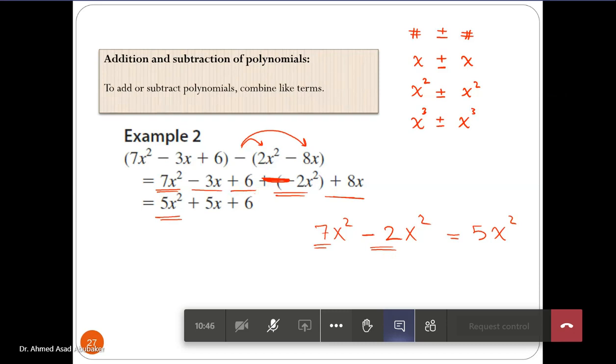Now we also have two terms with x: negative 3 and plus 8. So we have 5x, because negative 3 plus 8 equals 5. And only the number 6; we don't have any other number, so we put the 6 as it is.